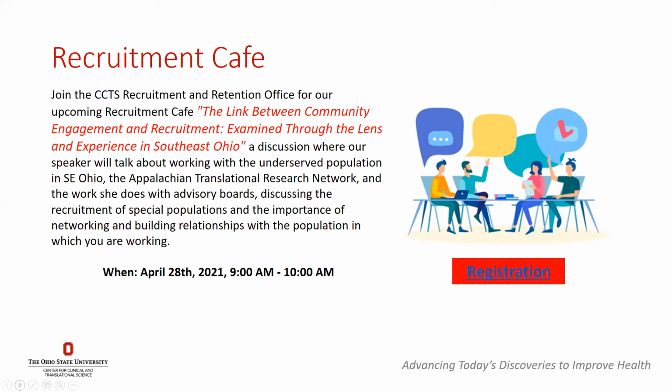Again, while this may not be a population that you're enrolling from, listening to this presentation helps you to think beyond the normal templates and copycat enrollment, inclusion, exclusion criteria, and the importance of networking and building those relationships with the community. These slides will be sent out later today, and this will give you a registration link as indicated over there. If you have questions or can't register, just let me know and I'll put you in contact with our Recruitment and Retention Office.